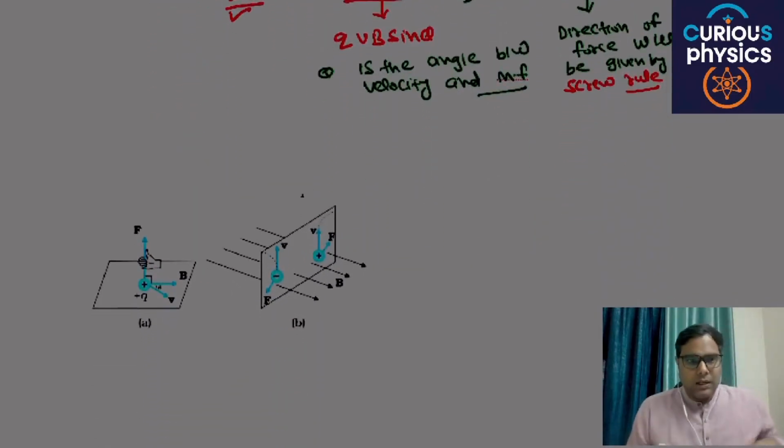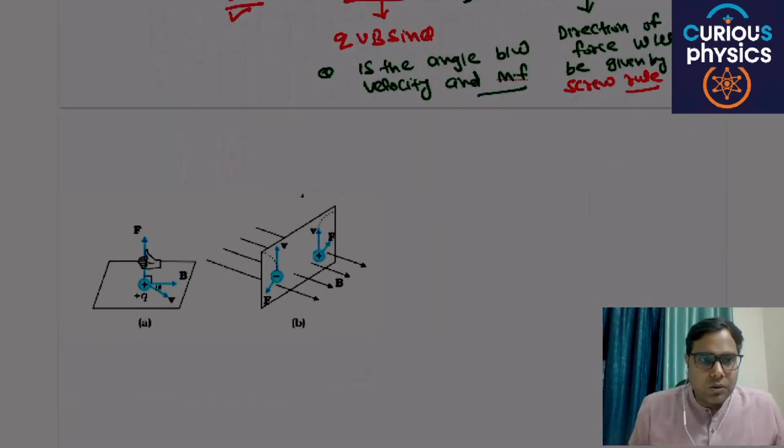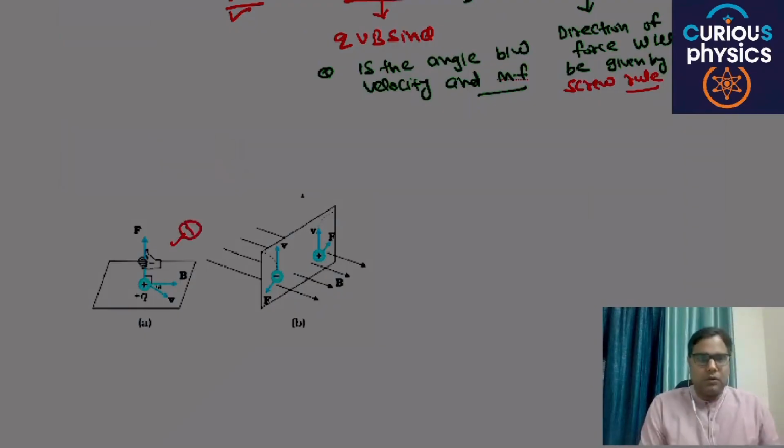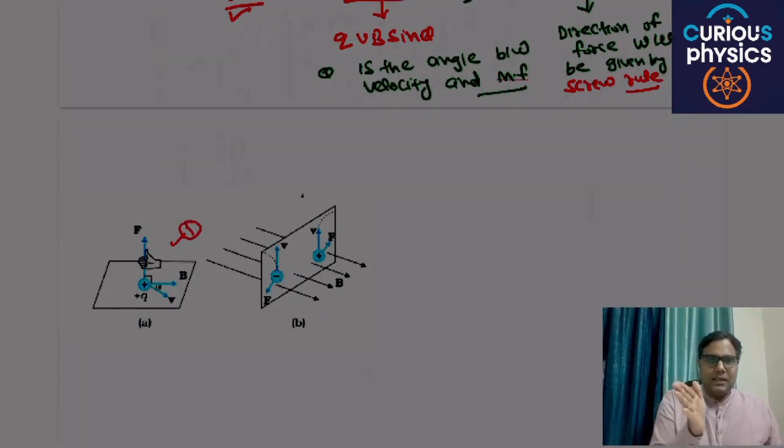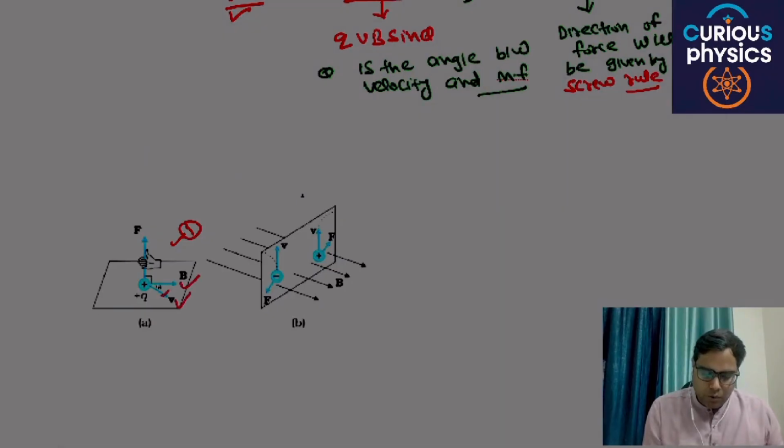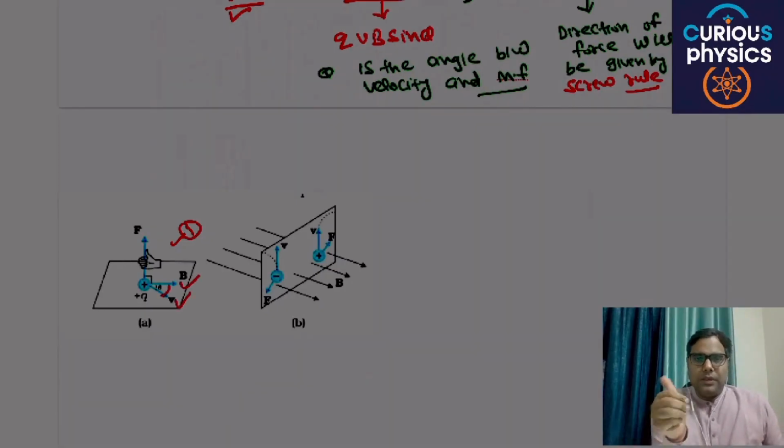You have to curl your fingers from V to B. Here V is this and B is this. You move your fingers from V to B, and the direction of the thumb will tell you the direction of the magnetic force.